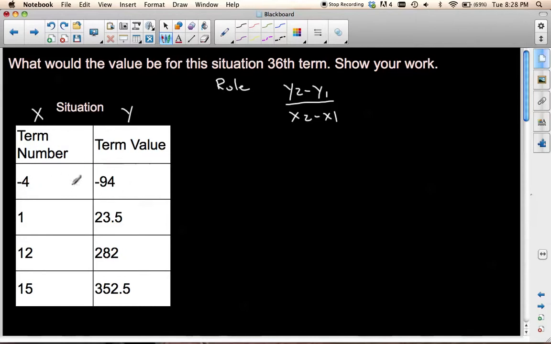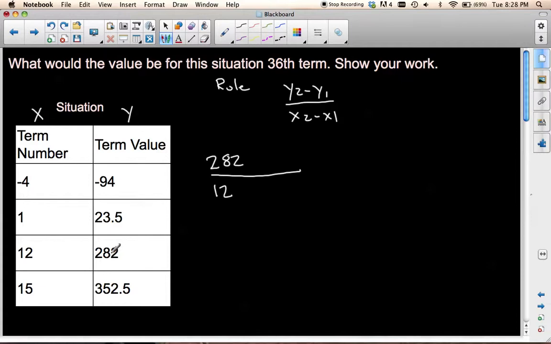If we decided that our y2 was going to be 282, then automatically our x2, underneath, has to be 12.